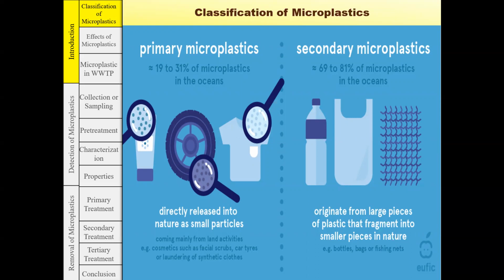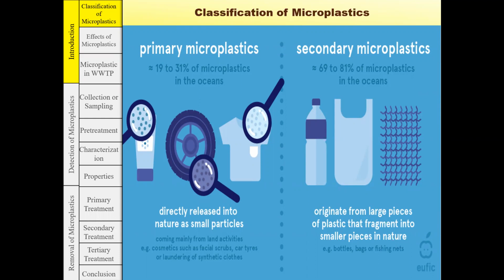There are mainly two perspectives based on which we may classify microplastic. Firstly, we will classify according to the source of it, that is, from where these microplastics are generated. On the basis of the source, we can classify as primary microplastic and secondary microplastic.